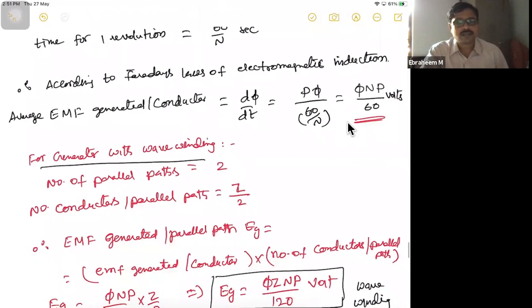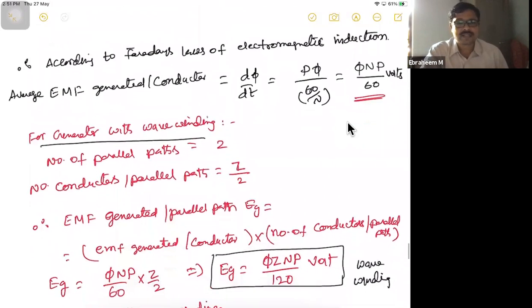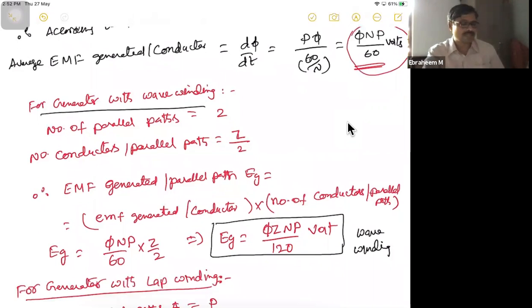Then for a generator with wave winding, the number of parallel paths matters, because in a parallel path we have many conductors. This formula is for only one conductor. So we multiply it by the number of conductors in a parallel path. That is why we proceeded to find the number of conductors in a parallel path for wave winding.